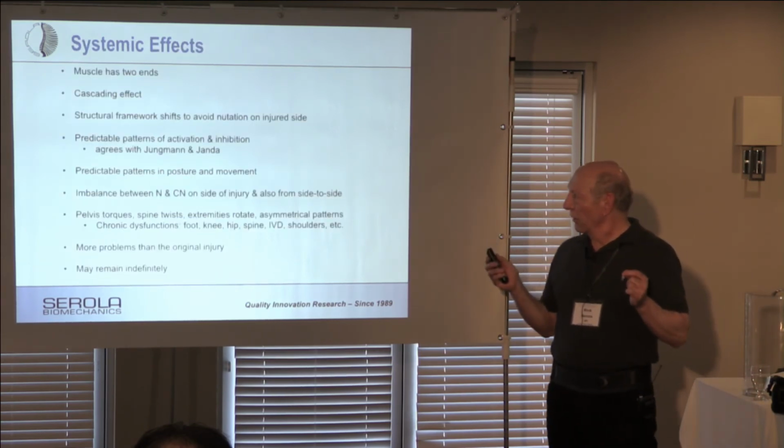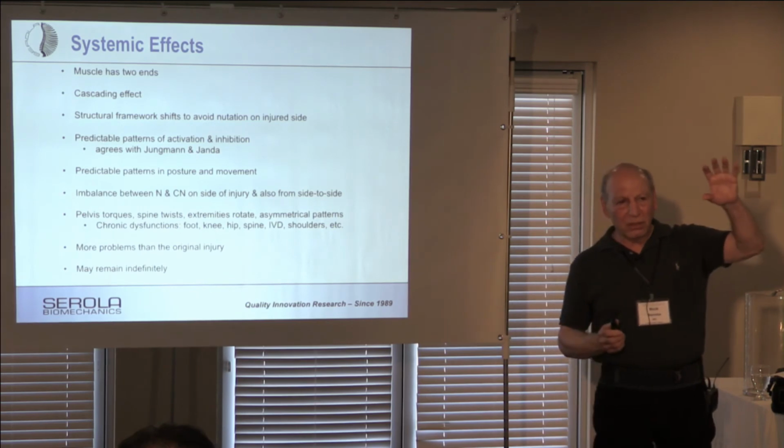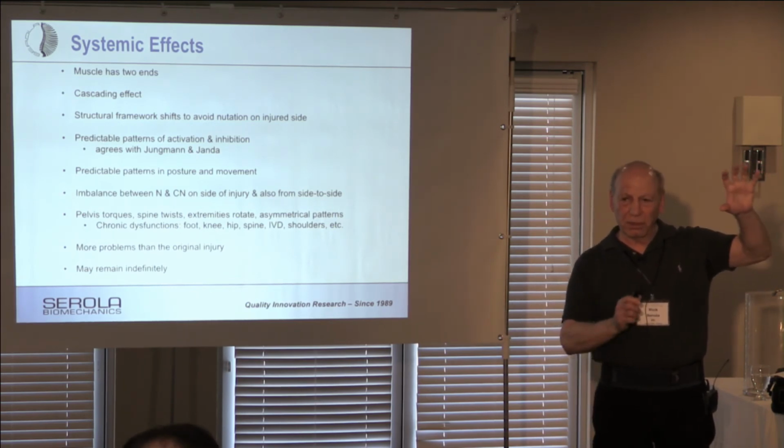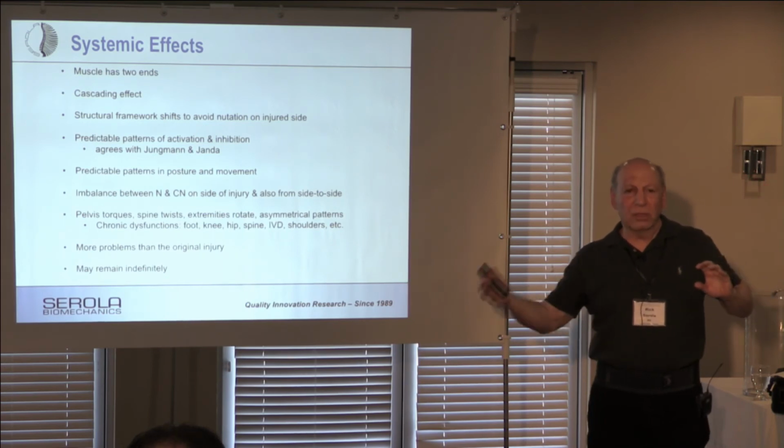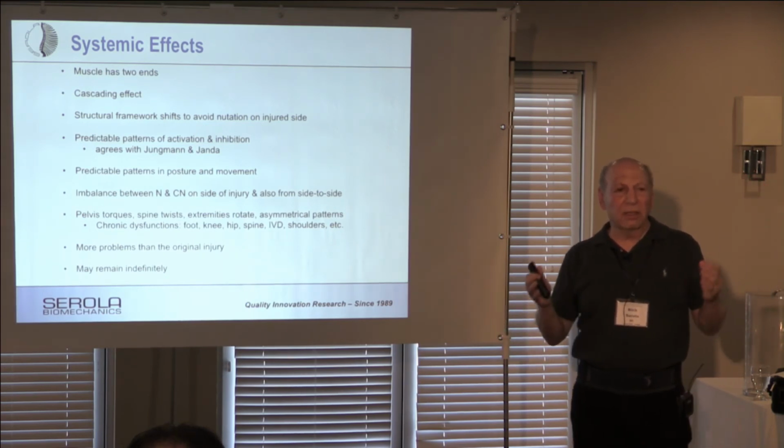The muscle systemic effects. Muscle has two ends. One end is attaching to the sacrum or innominate, the pelvis, and the other end attaches to some other structure. That structure then attaches to other muscles, etc., in a cascading effect.